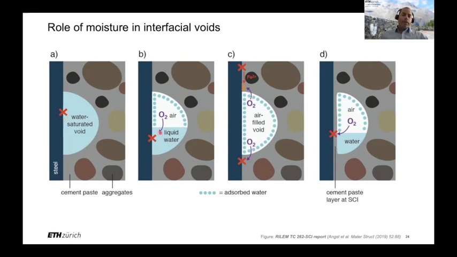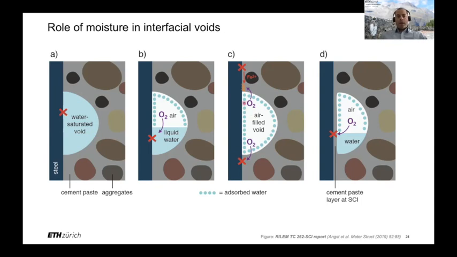In the other cases, especially where the void is filled with air and only maybe an adsorbed water layer is present on the steel surface, it is unreasonable to believe that a strong macro cell type of corrosion can be established under these conditions, because the electrical resistivity for the electrolytic current to flow in this very thin layer of adsorbed water is relatively high.